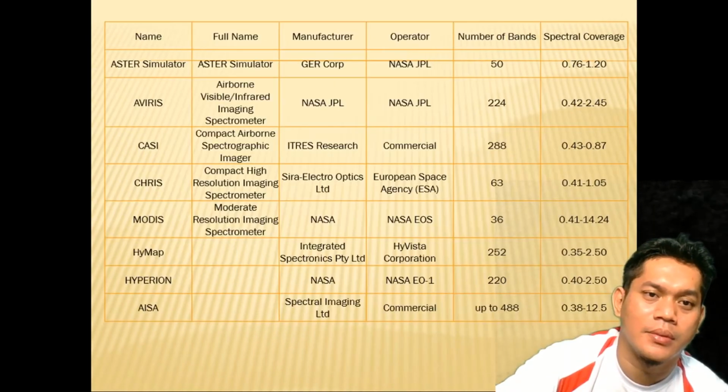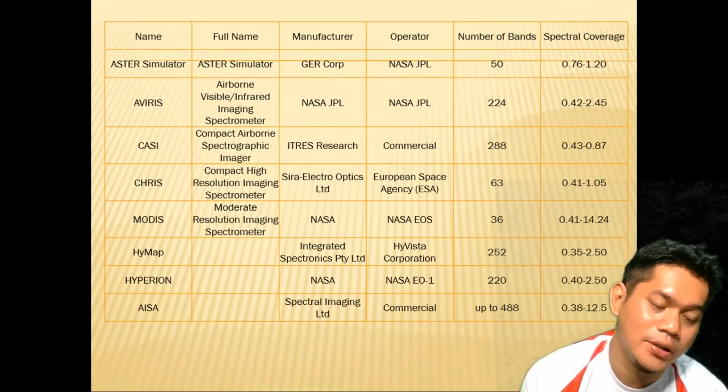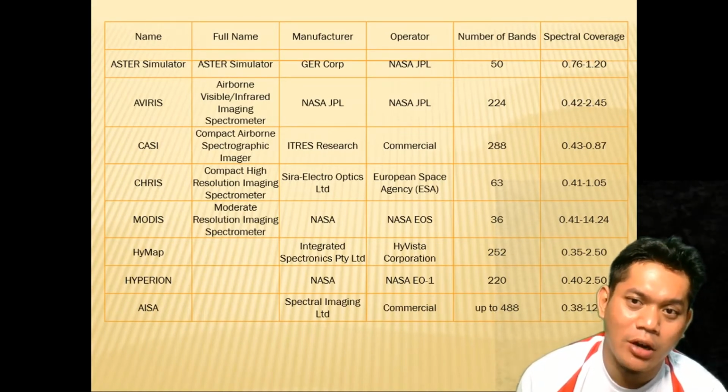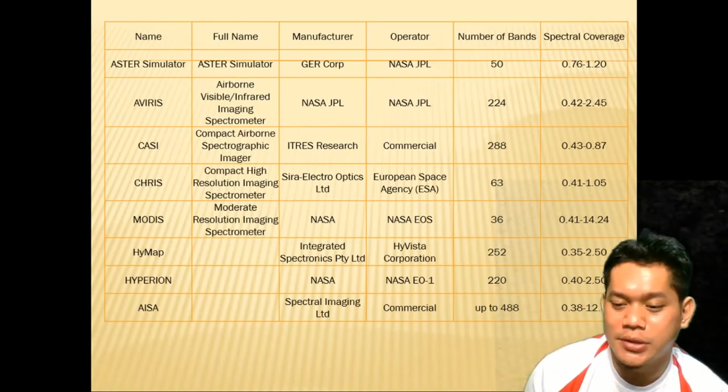Okay, and these are the types of platforms of the hyperspectral. Hyperion is the satellite based system, however the others, AVIRIS, CASI, CHRIS, HyMap, ISA are airborne systems.